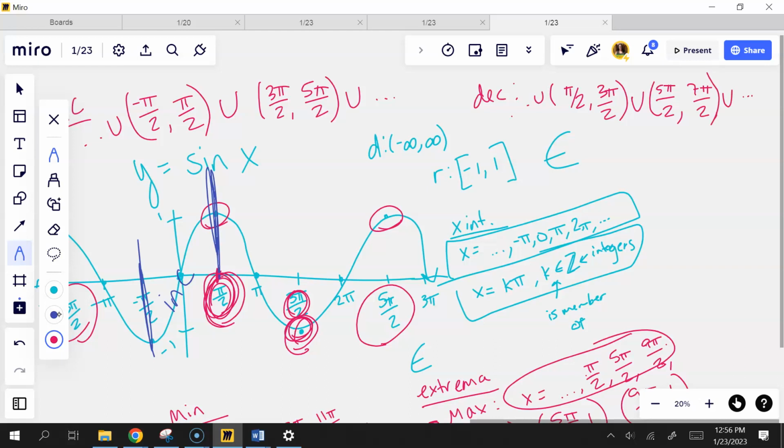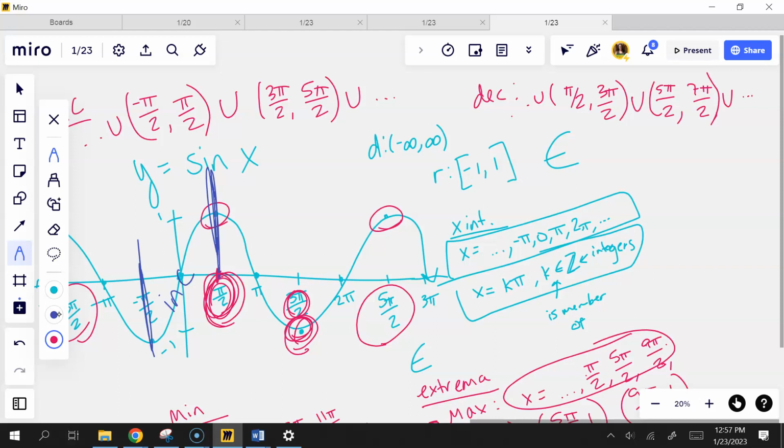They're happening at half pies. Cosine's a little easier because most of your stuff's going to happen at whole number pies instead of half pies. So we're doing the hard one together, and then let you do the easy one. All right, almost done with the hard stuff.